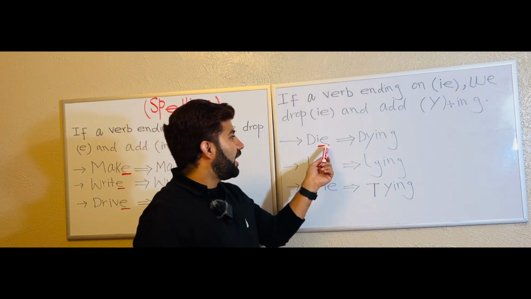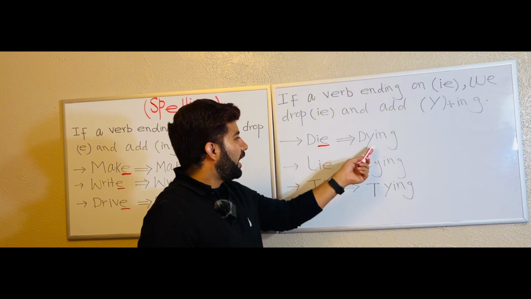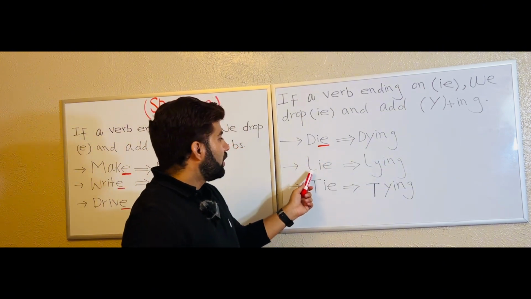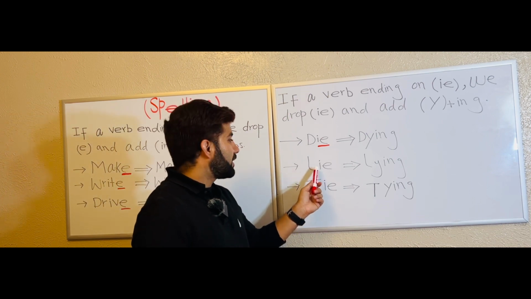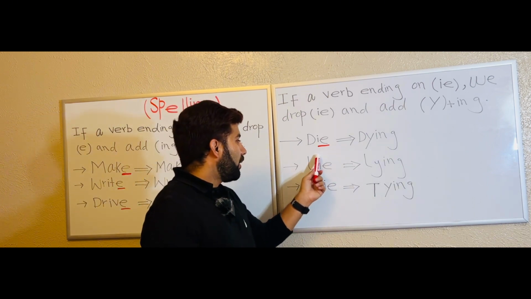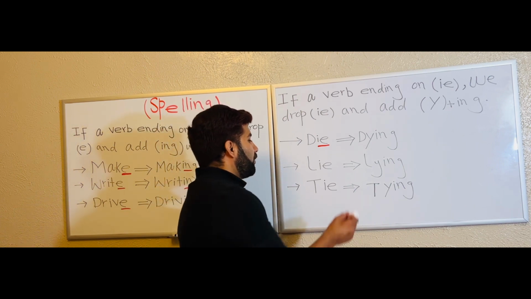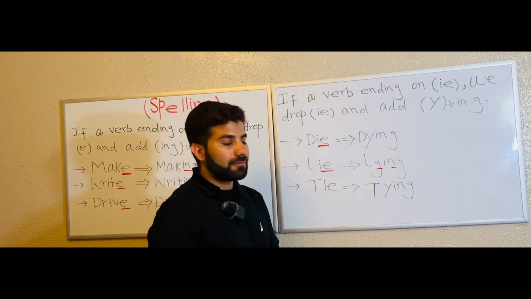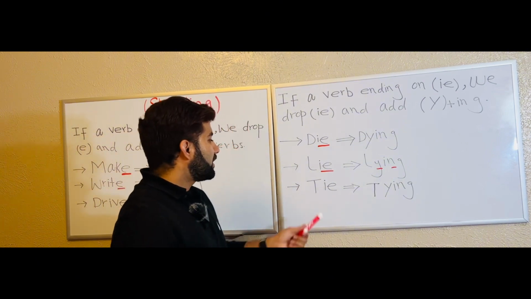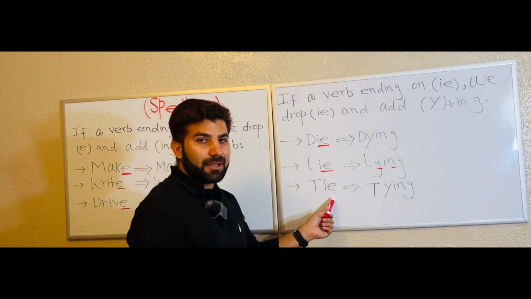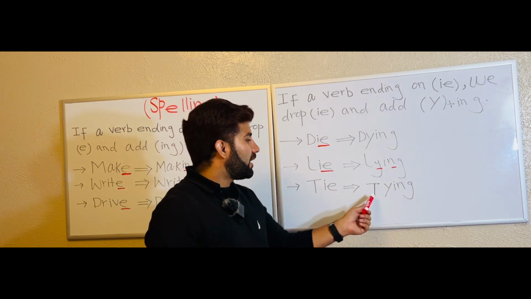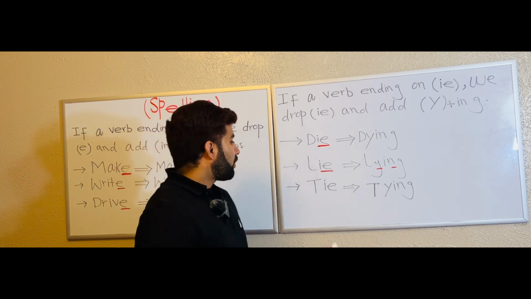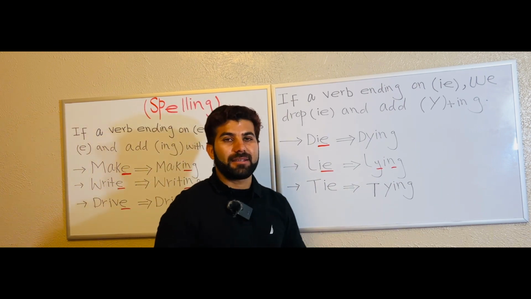We drop this IE, then we add Y, and then we add ing. Lie is another word ending in IE. We drop this IE, and we add Y plus ing. Another word, tie. Tie is ending in IE. We drop that IE and we add Y plus ing. From tie it is now tying.